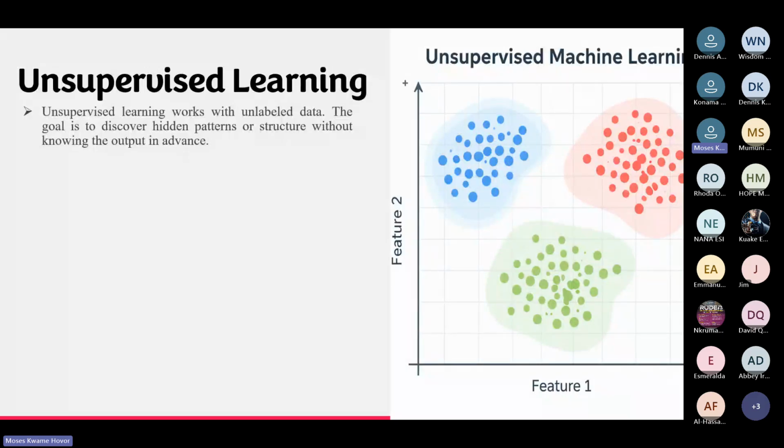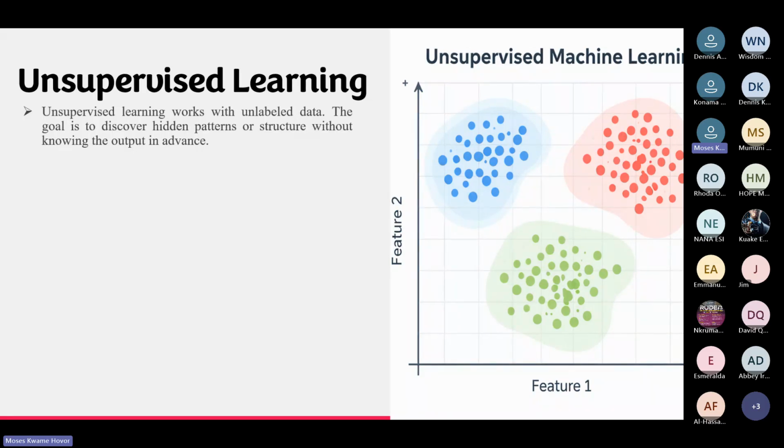But with unsupervised learning, we are not going to give it the outputs to know what the student's GPA is. We are going to give it the study hours, the hobby, and all other attributes without the outputs, and it's still going to learn and give us some patterns.